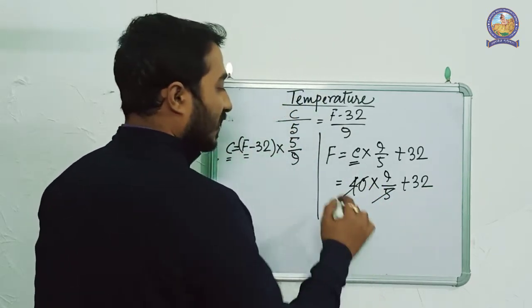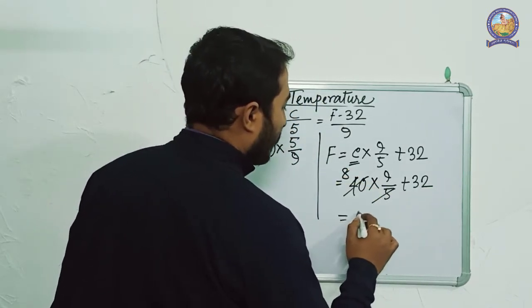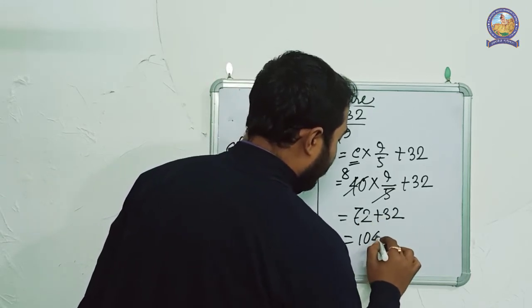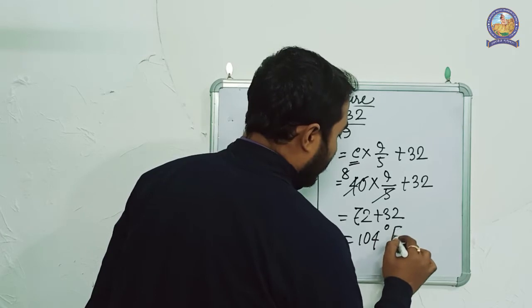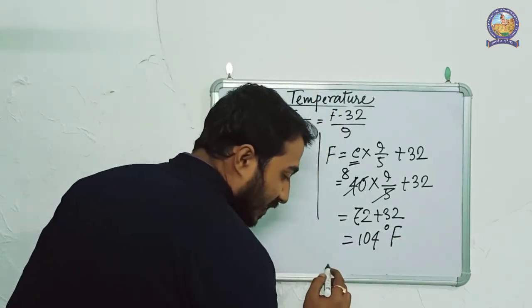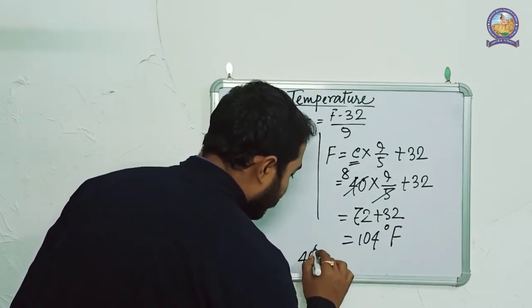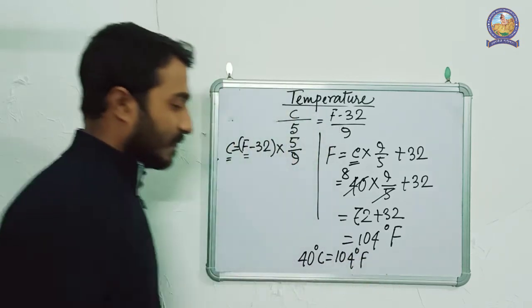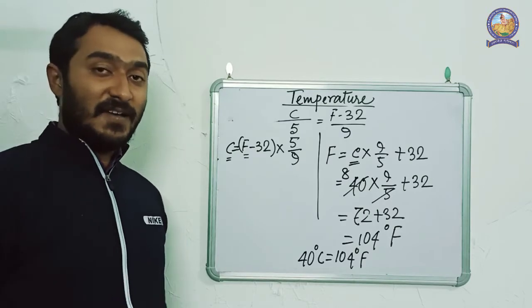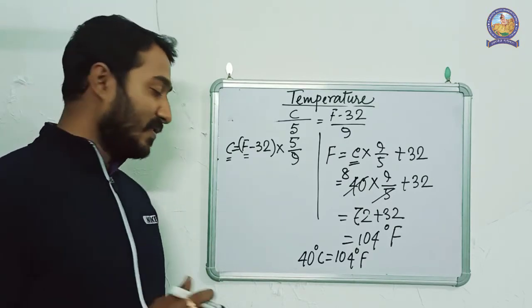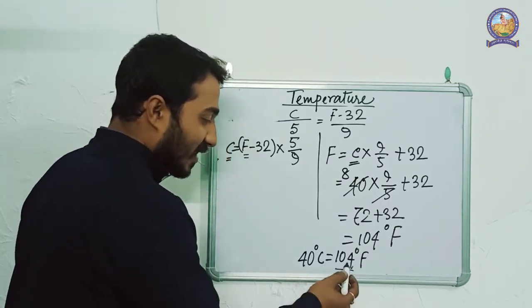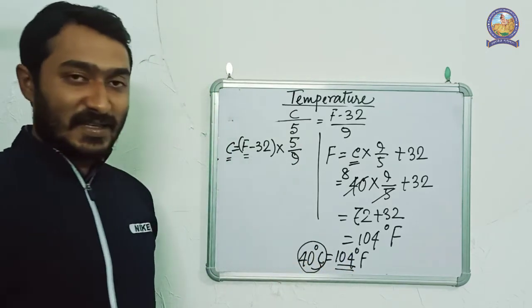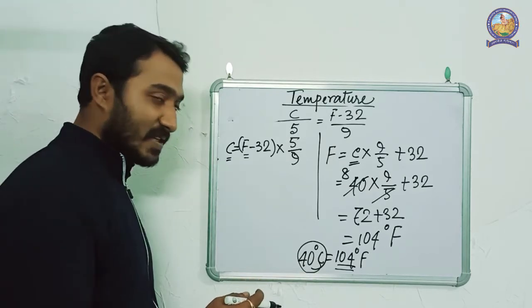The calculation is very easy: 72 plus 32, that is 104 degrees Fahrenheit. So 40 degrees Celsius equals 104 degrees Fahrenheit. If I am having very high fever, my temperature may rise to 104 degrees Fahrenheit, and we can say the temperature in Celsius is 40 degrees Celsius.